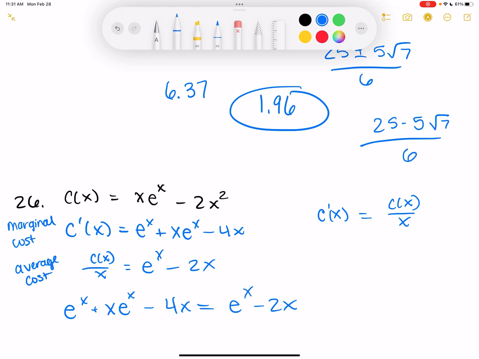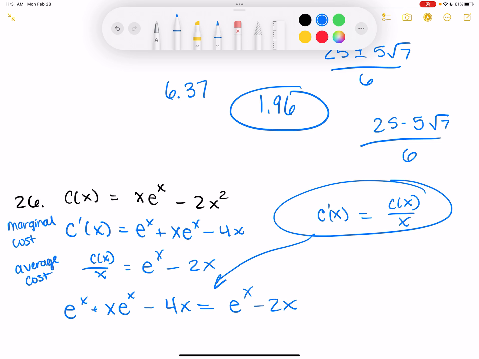No, we just set them equal to each other. It's kind of weird, but this is what allows us to do this step here. And again, that's just a fact out of your book that they give us.